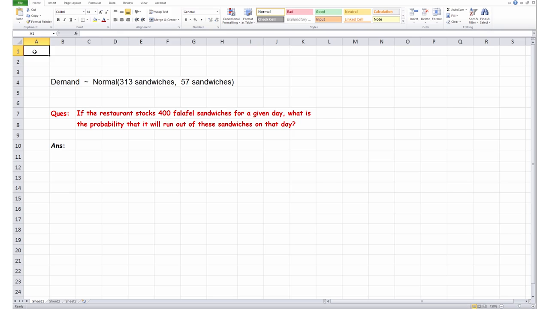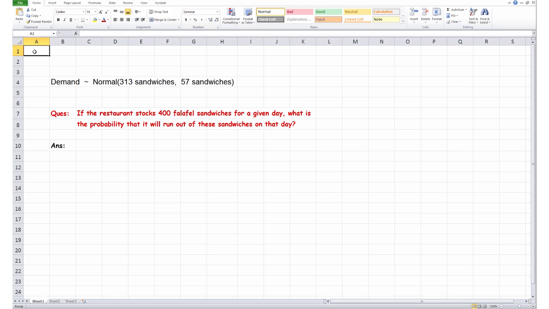In other words, the probability that the restaurant runs out of sandwiches is equal to the probability that the demand is greater than 400. This is the area to the right of 400 under the normal distribution with mean 313 and standard deviation 57.